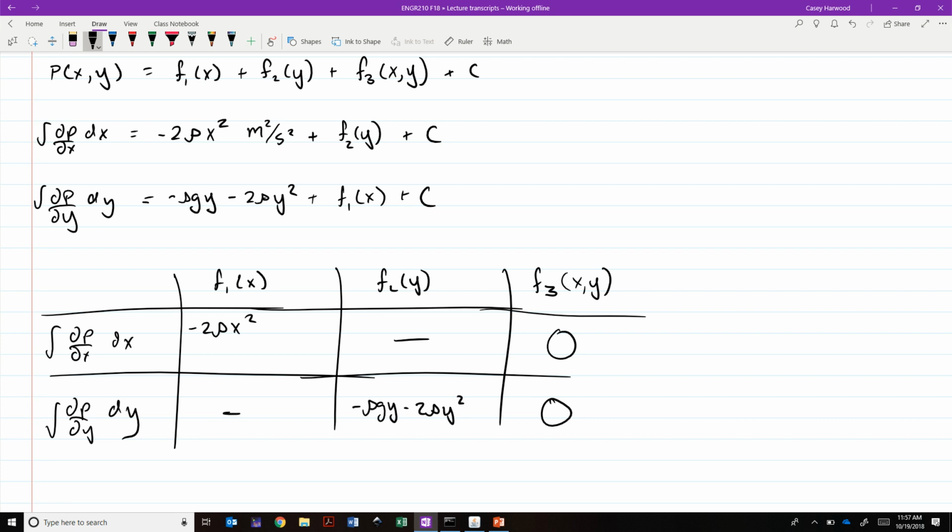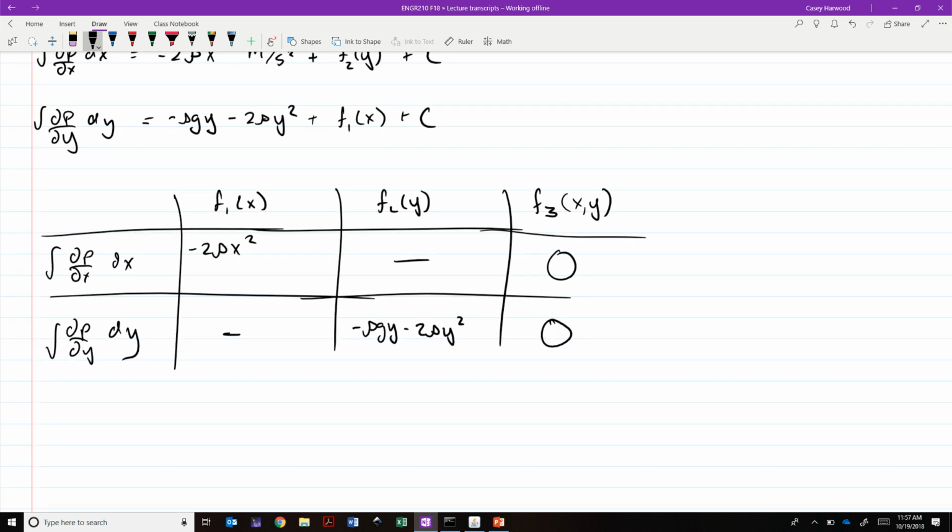So then finally, to assemble the final answer, we use these two pieces of the puzzle to assemble an idea of P. Simply go through each column and say, do we have an entry in this column? Yes, we have our -2 rho x squared. Do we have an entry in this column? Yes, we have our -rho g y minus 2 rho y squared.